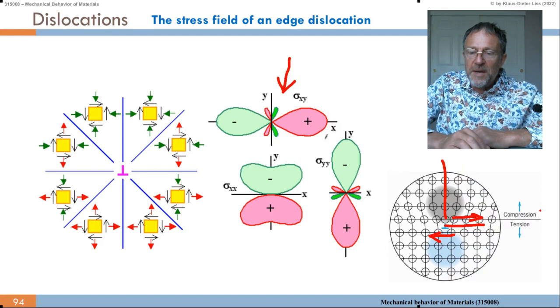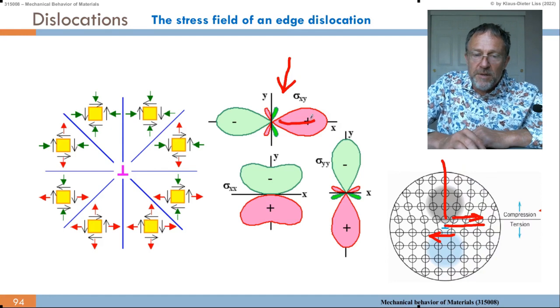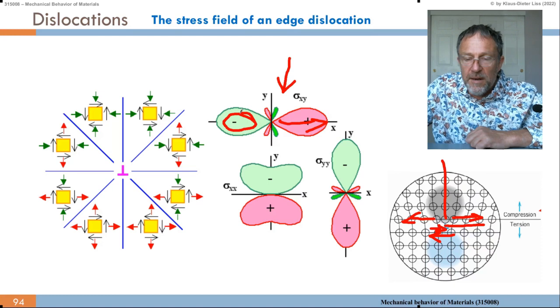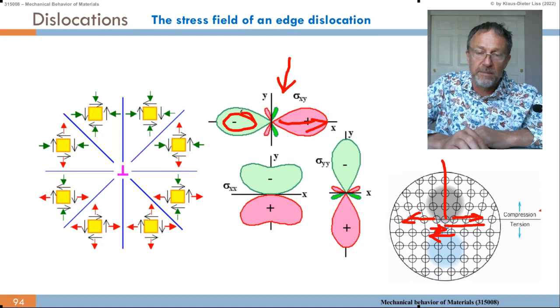So that gives me a shear, which is then positive in this direction. And of course, if I go to the left side, it's the other way around, yeah? So I get the shear like this on the left side, which we call negative. So the one we call positive and the other one we call negative.